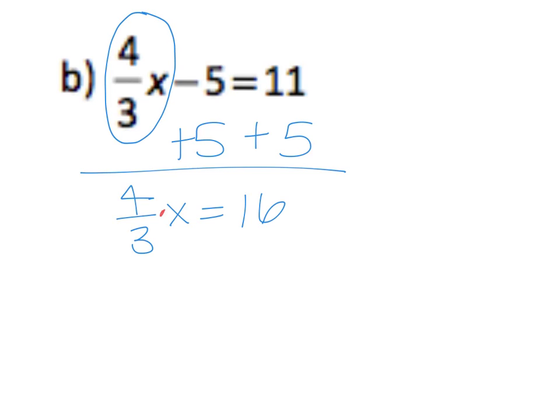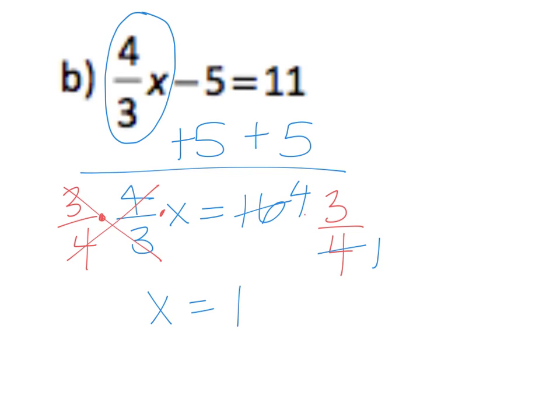From last unit, we learned that when you divide fractions, you multiply by the reciprocal. So that cancels these out. And then 16 times 3 over 4, remember you can reduce this, and this is just going to equal 12. The other way you could have done that is 16 times 3 and then divide by 4.